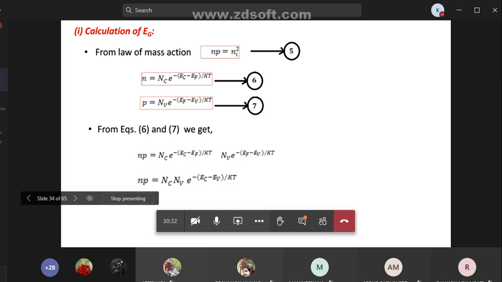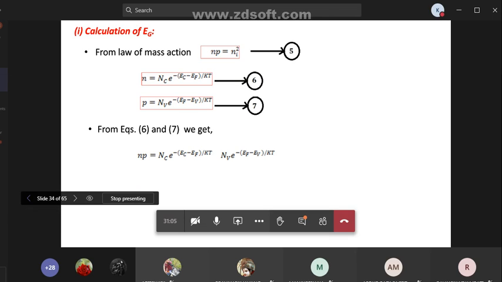So from these two equations, N and P, multiply these two equations. So NP equal to NC NV into e power minus of (EC minus EV) by KT, right?